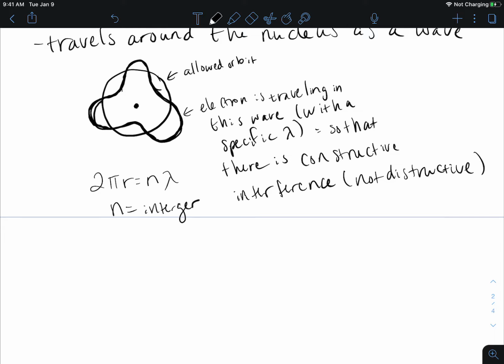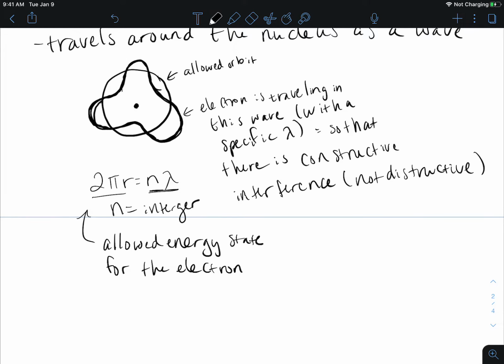So this n value is 1, 2, 3, 4, and it describes how that works. And if these are not equal to each other, the electron will be in a non-allowed or forbidden orbit. So if we have 2πr equals nλ, this is an allowed energy state for the electron, so again, a specific wavelength associated with that.